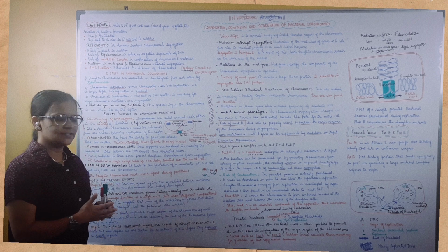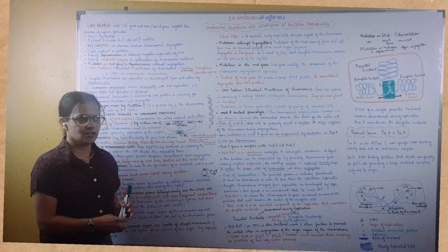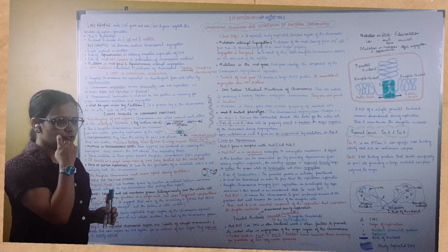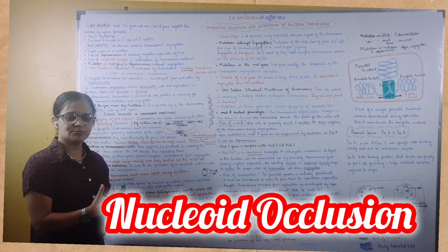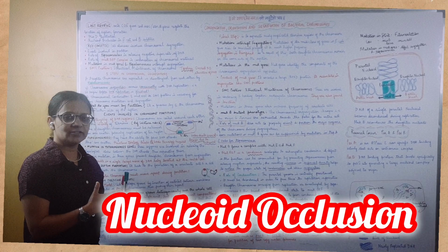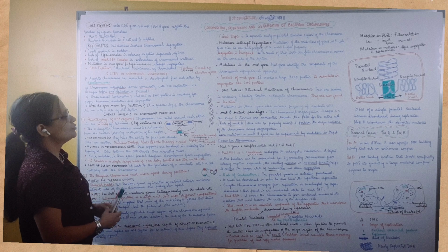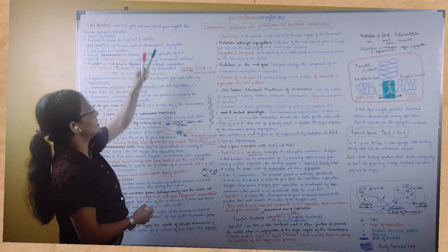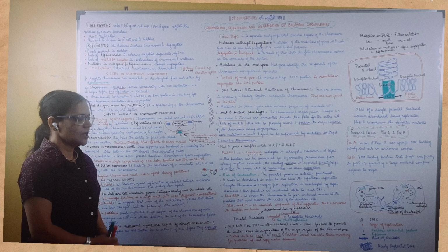To avoid that, there is a phenomenon called nucleoid occlusion in bacteria. So you have genes which will inhibit the septum formation at the position where the nuclear material is located. Those genes are called Noc and SlmA, which regulate the location of septum formation.